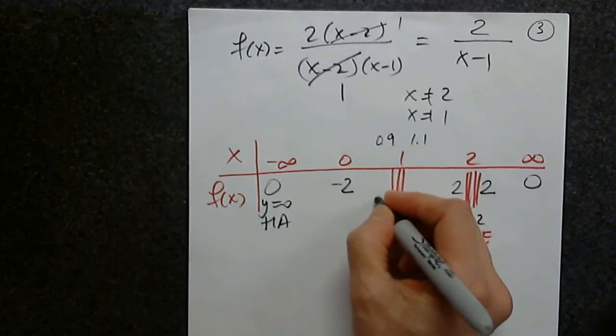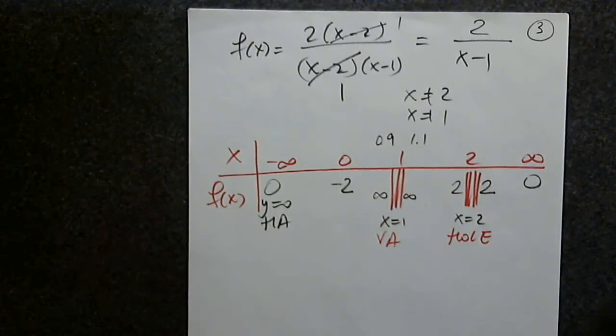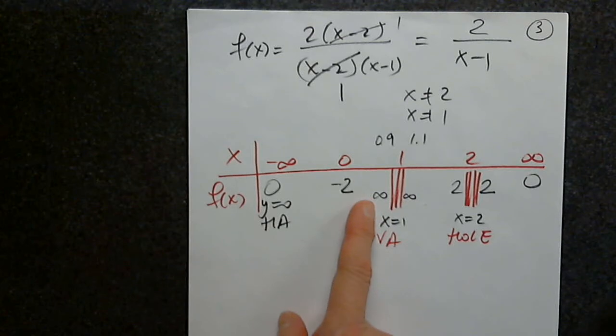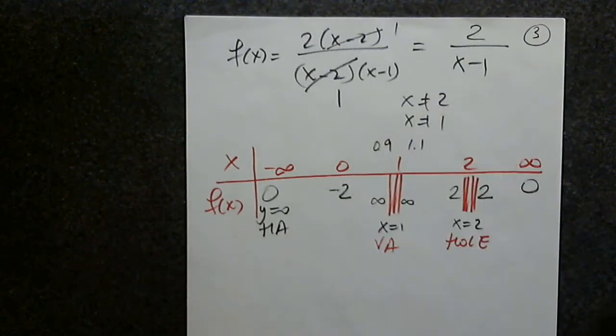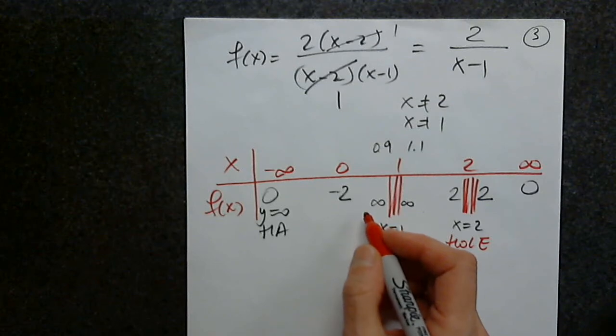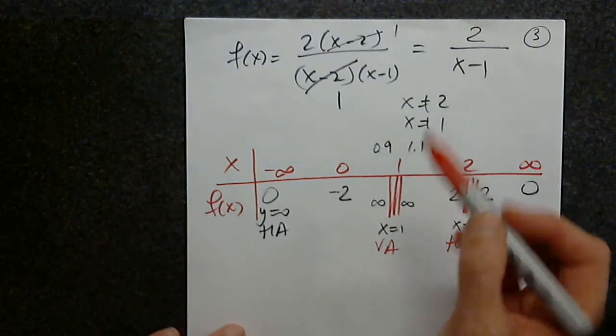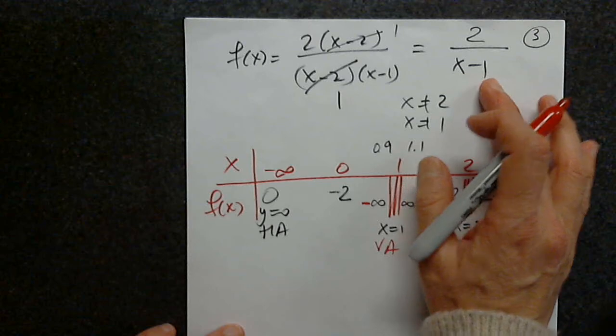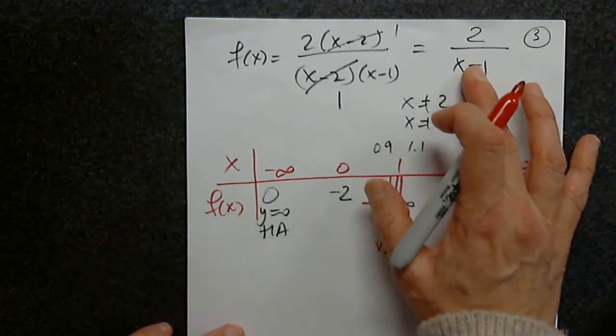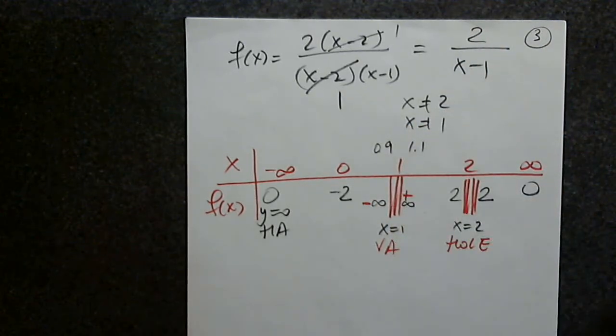So this is a VA, so we know that left and right we have infinities, but we don't know what the sign is. So let's plug in 0.9 and just give me the sign of this infinity. Negative indeed, because 0.9 minus 1 is negative and the top is positive.